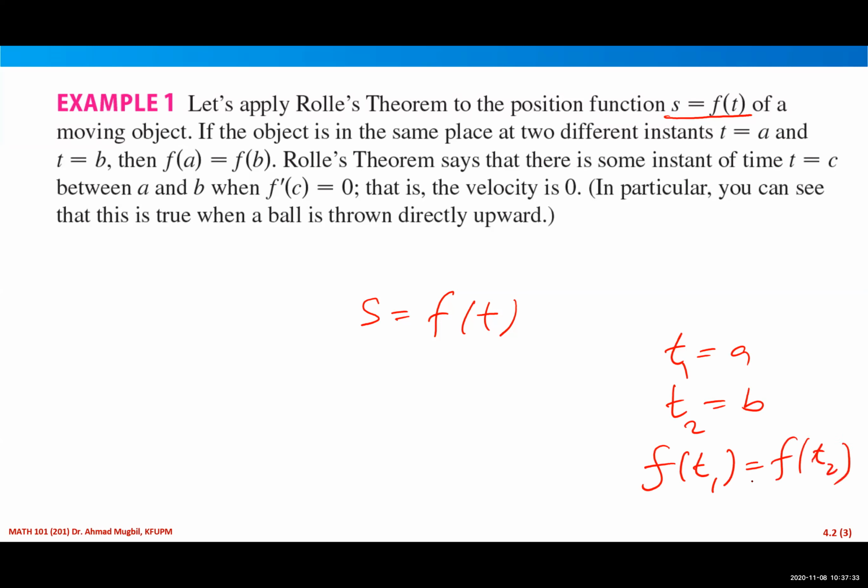It means that at different times, the distance will be the same. If this is happening, then there is a time C between A and B at which the derivative of the position function will be 0. What does that mean? It means that the velocity at that time will be 0.